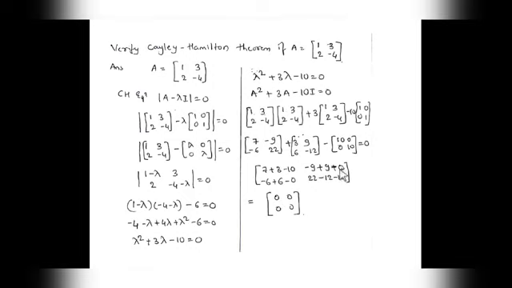Minus 9 plus 9 is 0, 0 plus 0 is 0. Minus 6 plus 6 is 0, 0 minus 0 is 0. 22 minus 12 is 10, 10 minus 10 is 0. Hence, we have verified, as we got the end answer as a null matrix.